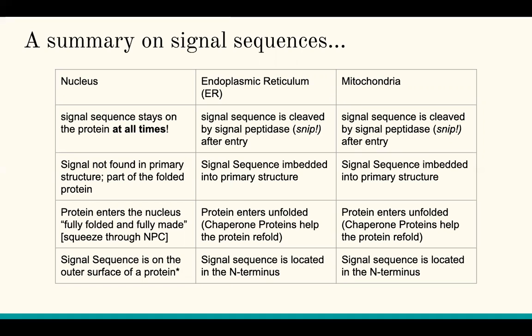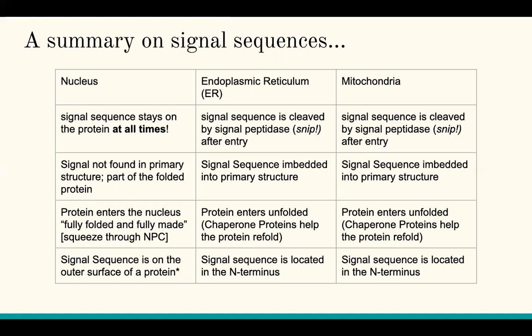That's what I mean by it's embedded into the primary structure. For the nucleus, it's not embedded into the primary structure, but it's part of the protein. It's not added after. It's just part of the protein, the folded structure, on the exterior surface of the protein, if that makes sense.